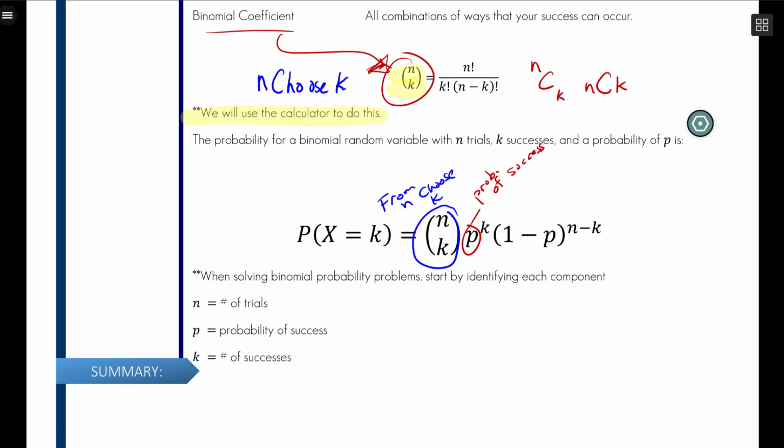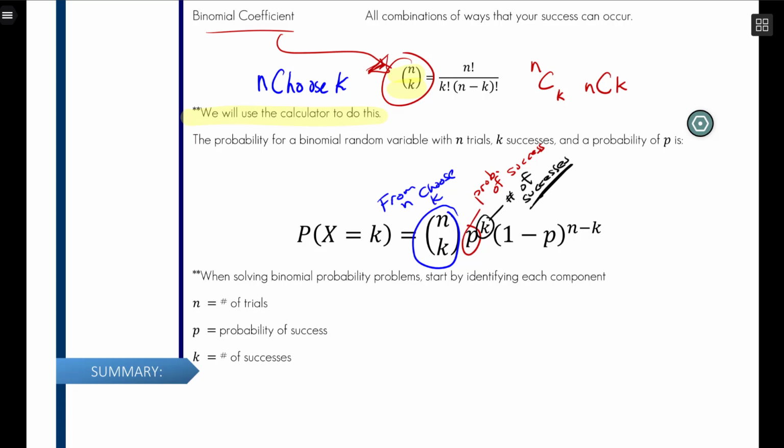And k is actually your number of successes. Okay, so what that tells me is from 24, choose 2 to be successful, right? Now, I have a 12% chance of having any one part to be successful, but how many of those do I want? I want 2 to be successful, so that's my number of successes.